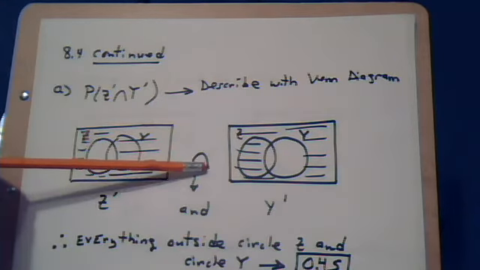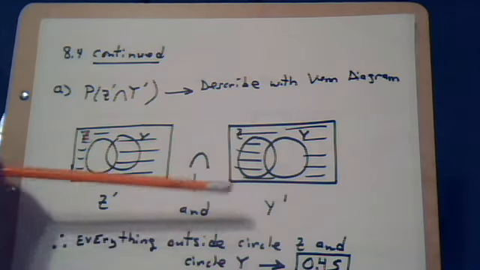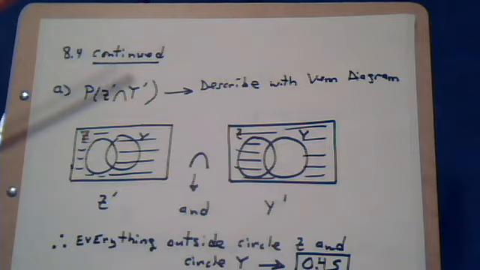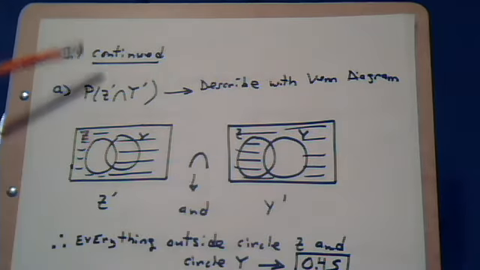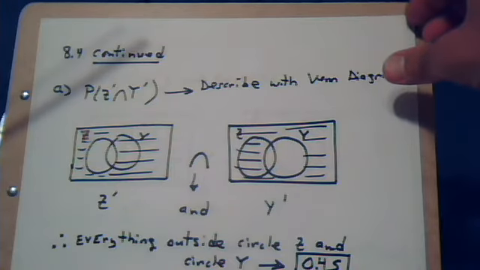Now that you've shaded both, only keep what they have in common. What do they have in common? Everything outside circles Z and Y. So if you go back to the Venn diagram that has each of the probabilities for the regions, this would be outside of the two circles. So the probability of not Z and not Y is 0.45.